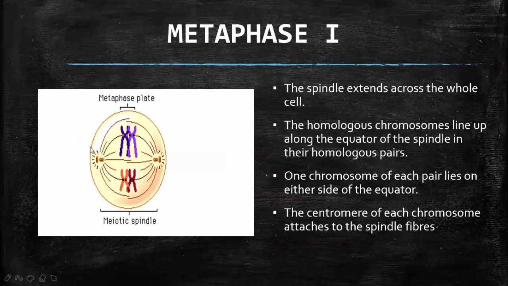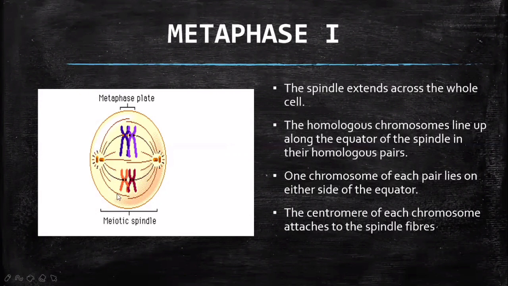The homologous chromosome pairs line up along the equator. The long chromosomes are still together at the same position, connected to these spindle fibers.